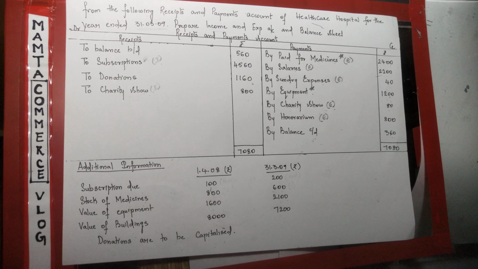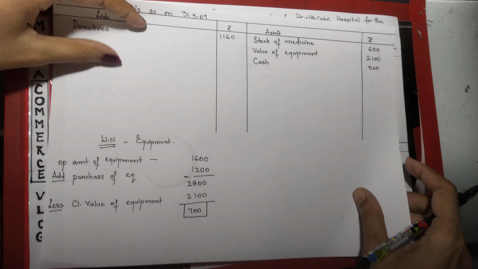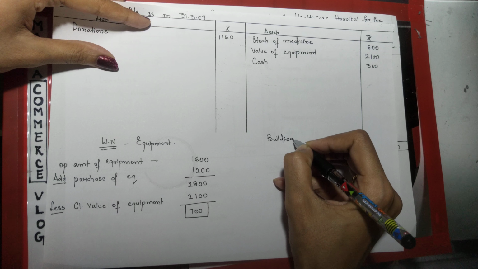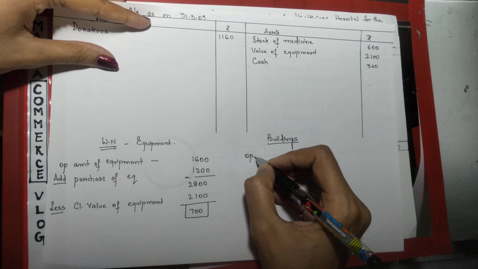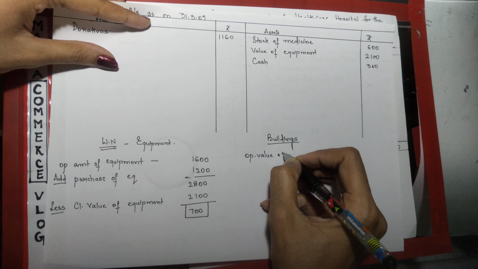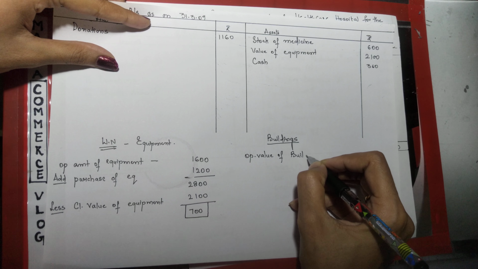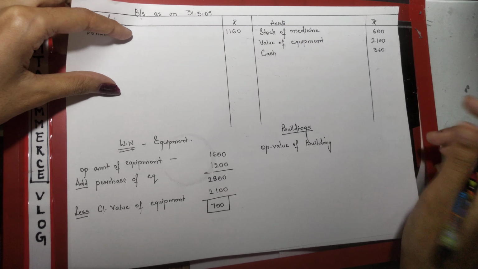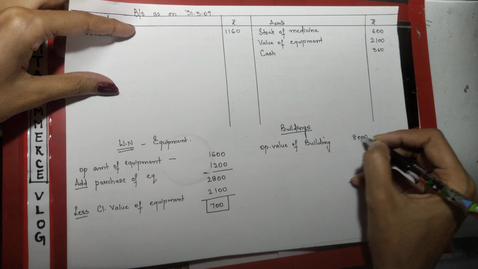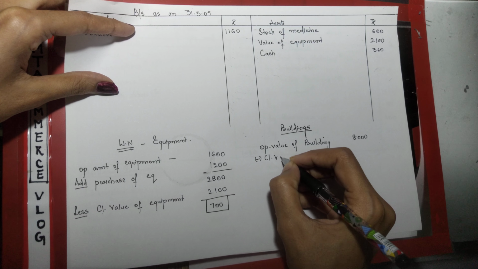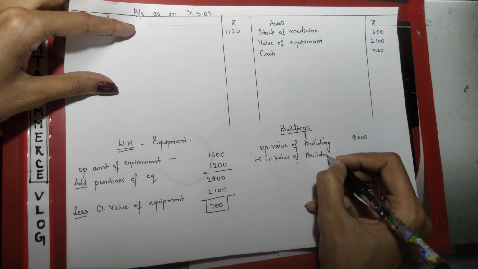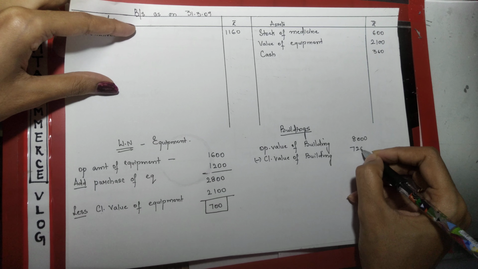For the opening value of building, we will write a working note. The opening value of building is 8,000. From this we will deduct the closing value of building, that is 7,200.